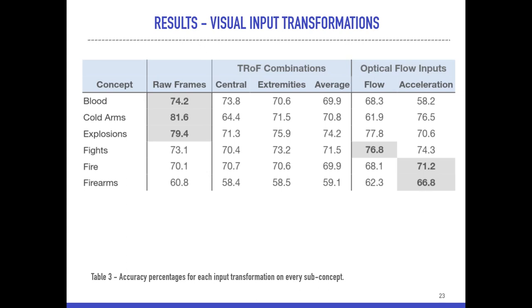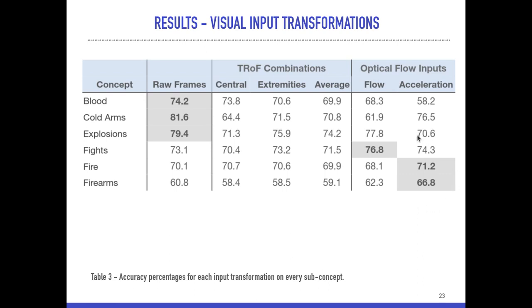Here we take into consideration that the movie with the most positive frames for firearms is a war movie, and many firearms are portrayed alongside gunshots or erratic movements. So this could be the reason why the network performed better using the optical acceleration than just the raw frames.